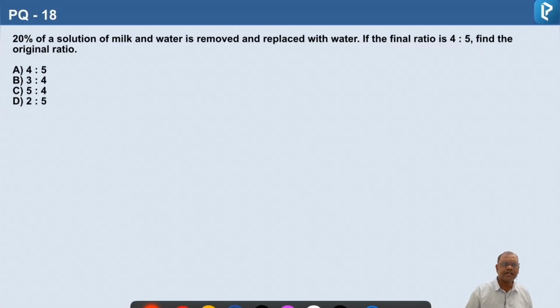Question number 18. 20% of a solution of milk and water is removed and replaced with water. If the final ratio of milk and water is 4:5, find the original ratio.